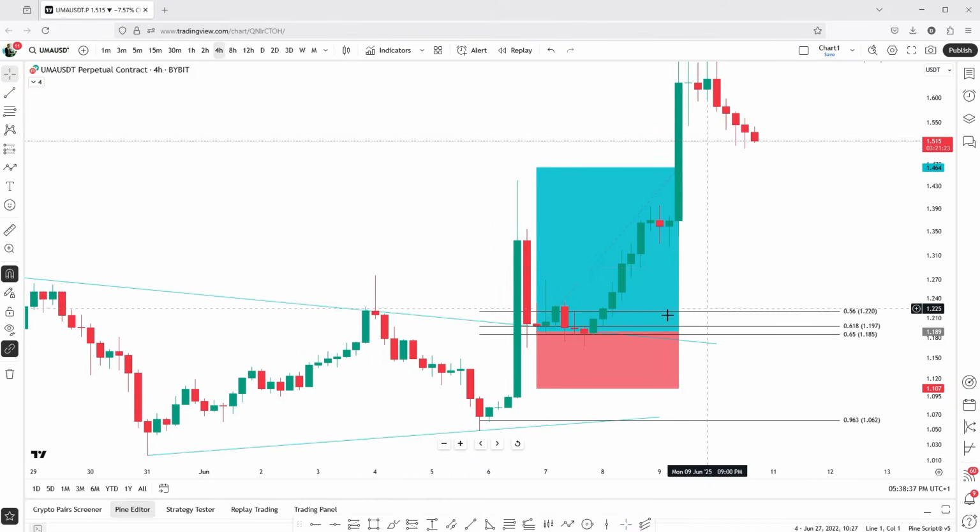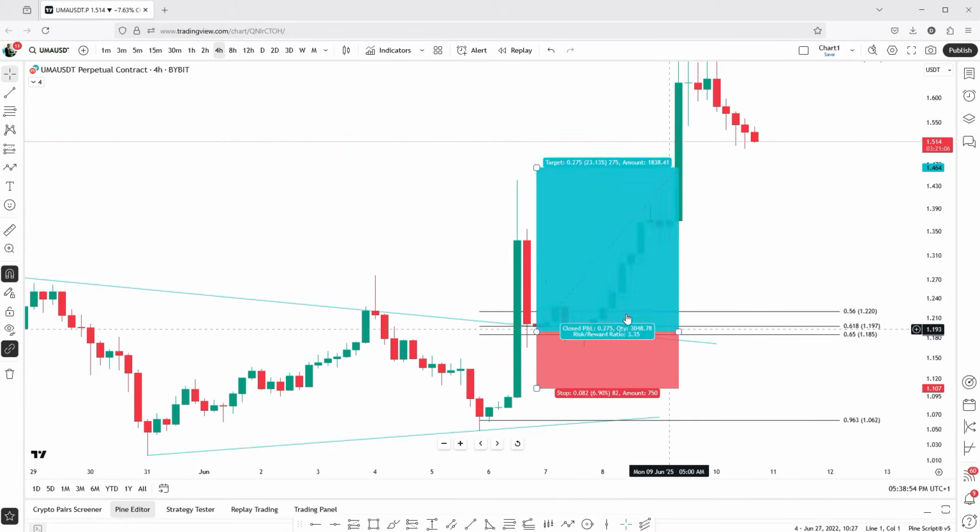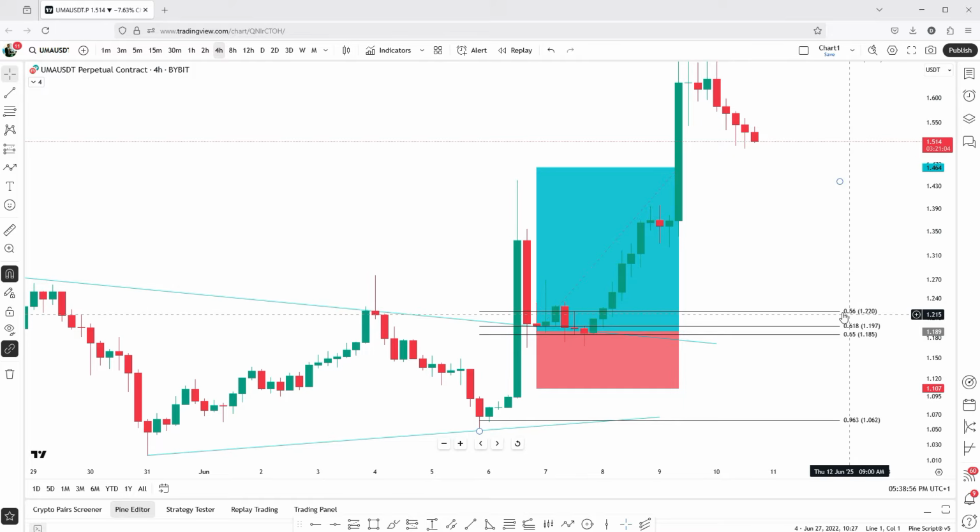I start looking for entries from this 0.56 level down to that 0.65 level. The 0.618 level and the 0.65 level is my golden level. And I start looking for entering from this 0.65 level.